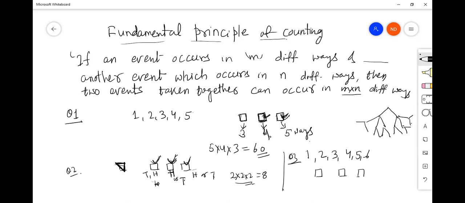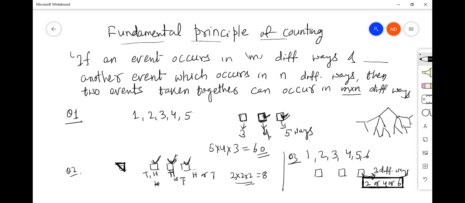Whenever we talk about even numbers, there are some restrictions. It means in your units place, you can place 2 or 4 or 6. So any one of the three digits you can place here because the number is even. So for this, three different ways.